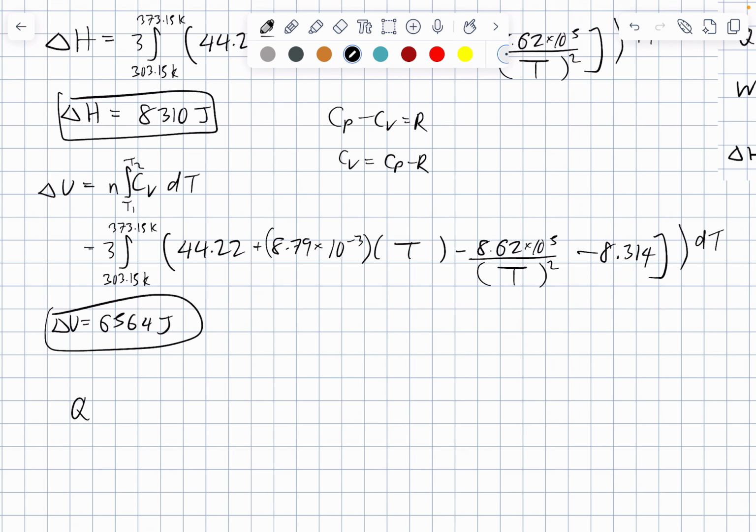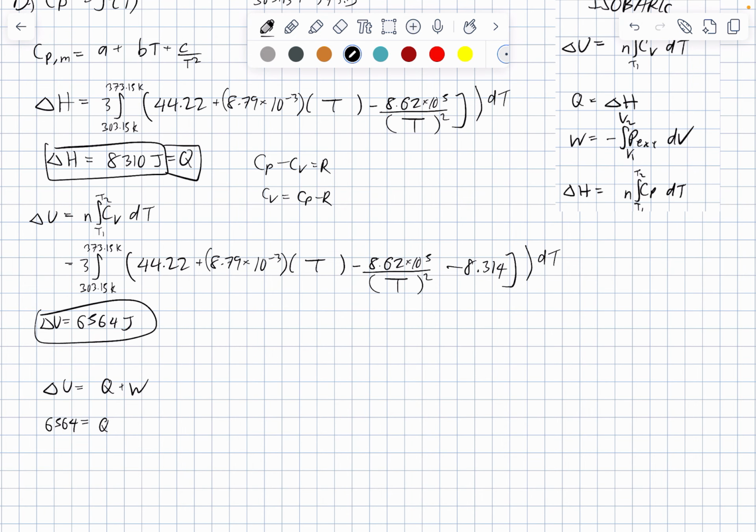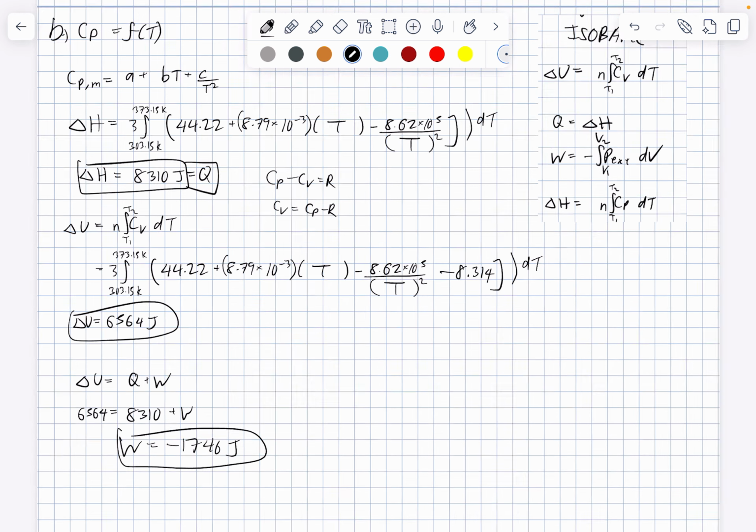And then by the first law equation, Q is equal to, wait, Q is equal to delta H, no? So same, no?